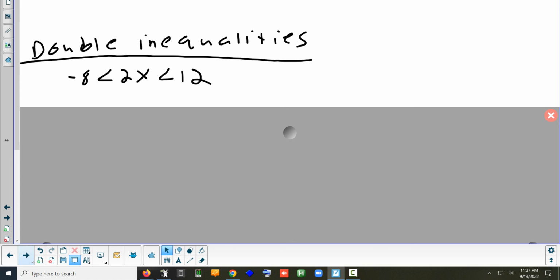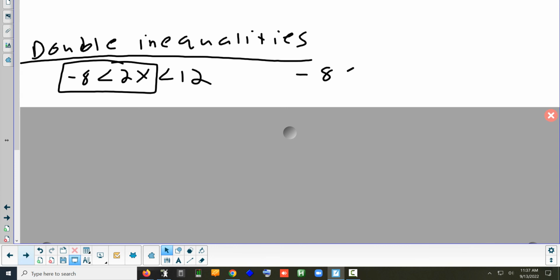All right, double inequality. So to solve a double inequality, you want to get the variable alone in the middle, if you can. If you can't, what you can do is take this original problem and split it back into 2. Sometimes that's how you have to do it.